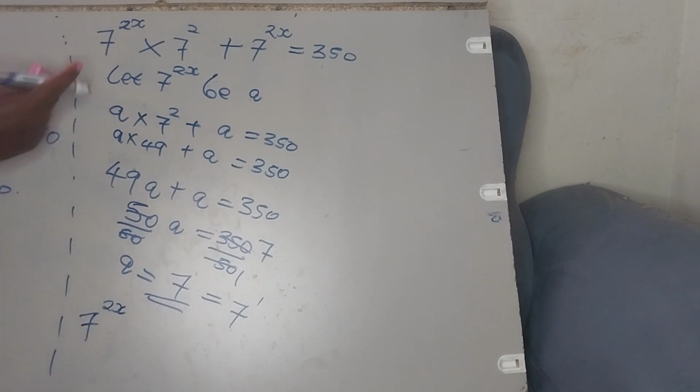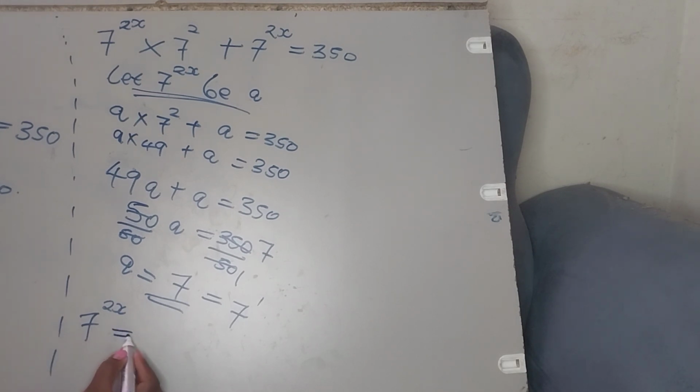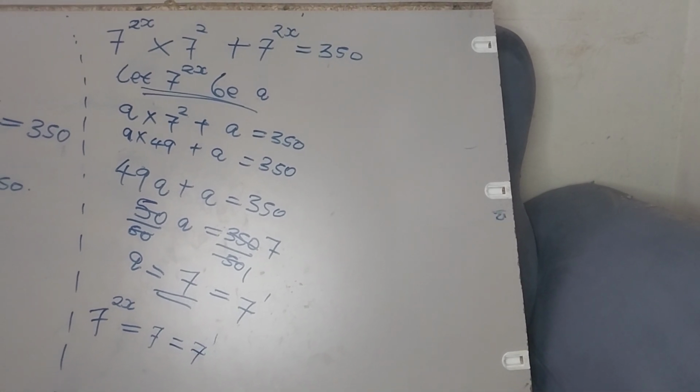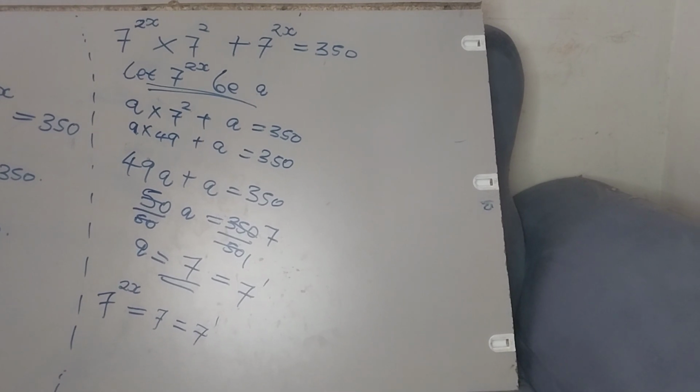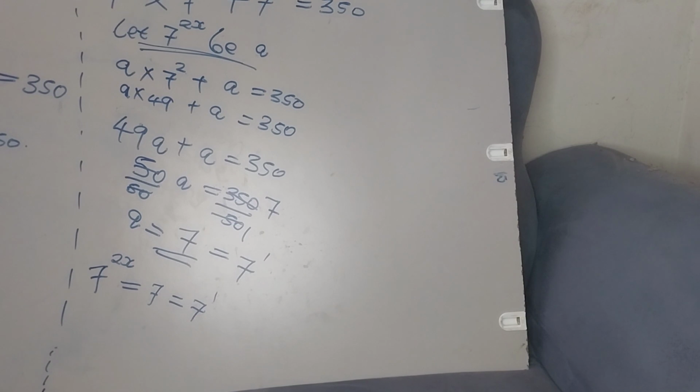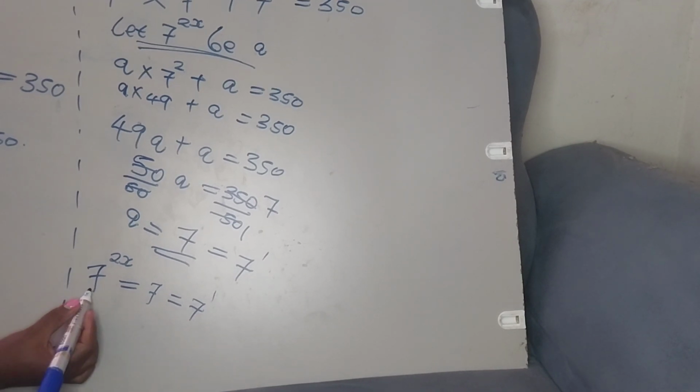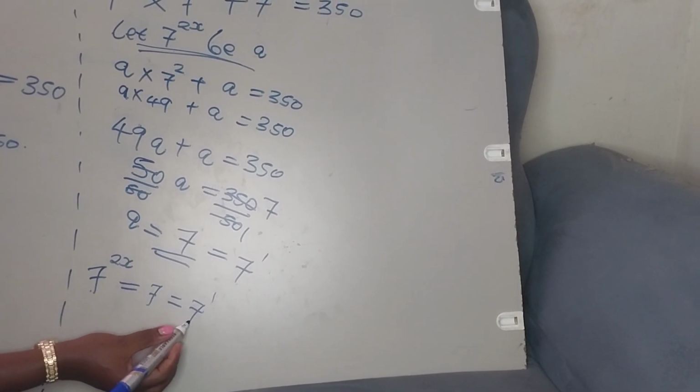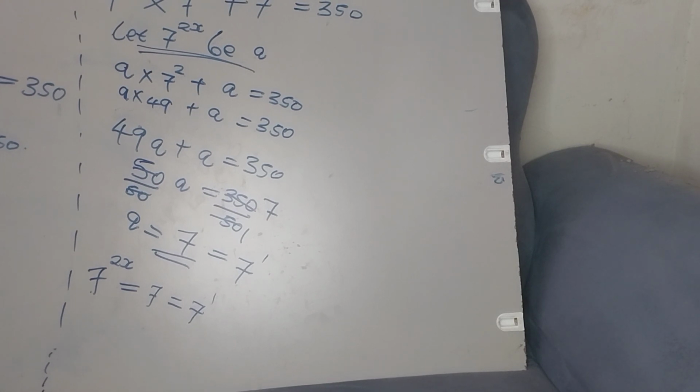See, it is true. 7 to power 2x gives us a 7, and the 7 is the same as 7 to power 1. This is a basic I forgot to give. When you have the same bases, for example, 7 here and 7 on the other side of the equal sign, this simply means that the powers are equal.